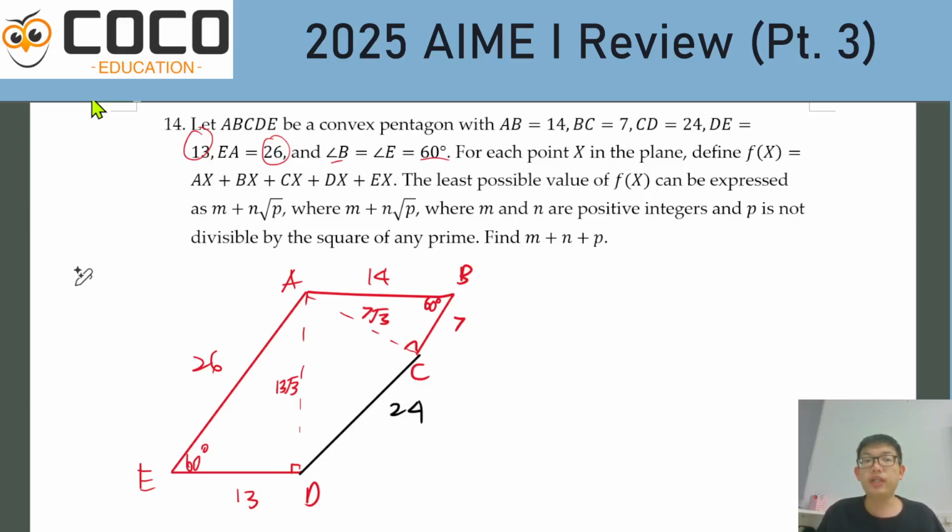And now we'll deal with X. We are trying to find the least possible value of f(X), where f(X) is AX plus BX plus CX plus DX plus EX.